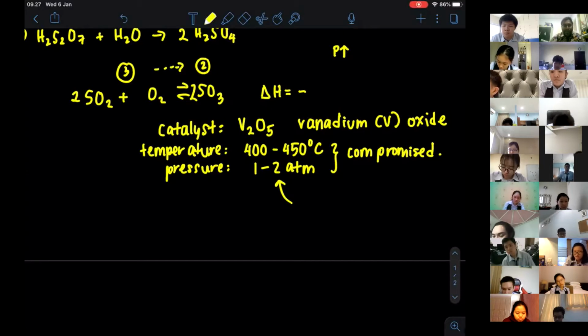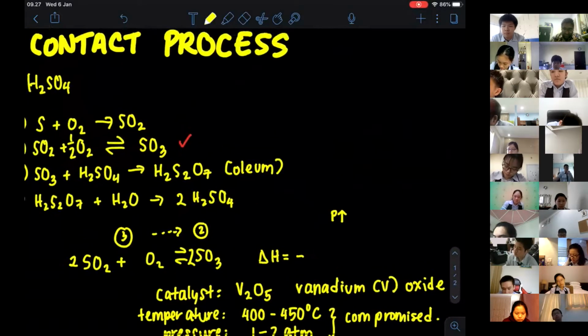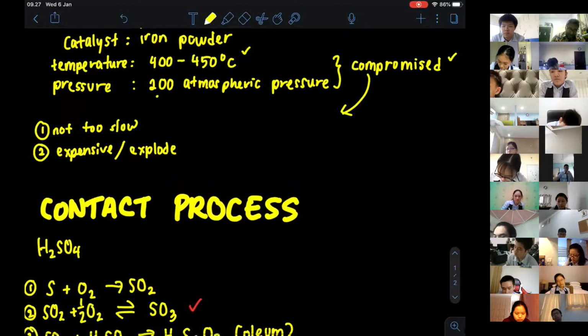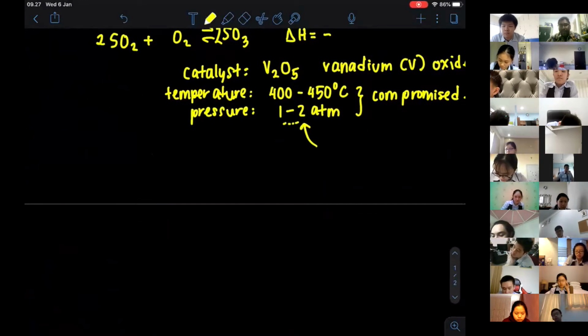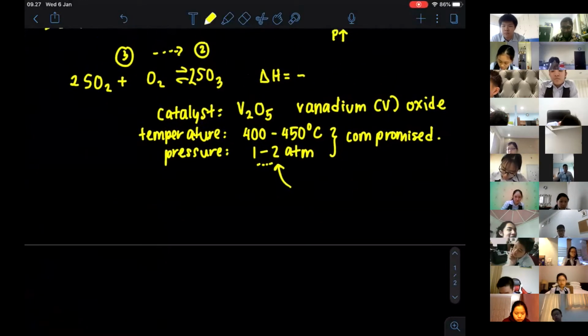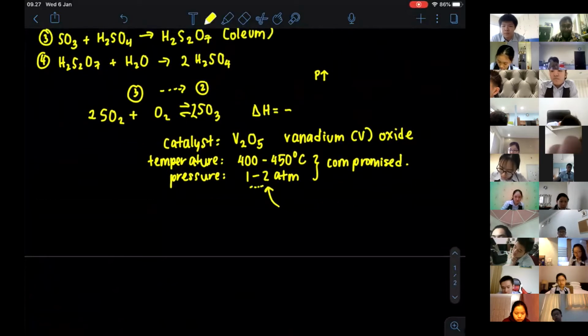This is according to Le Chatelier's principle, but we cannot use it because of safety reasons. For the Haber process we use 200, but this one uses way less than that. Different production processes have different values. So this one you just accept.